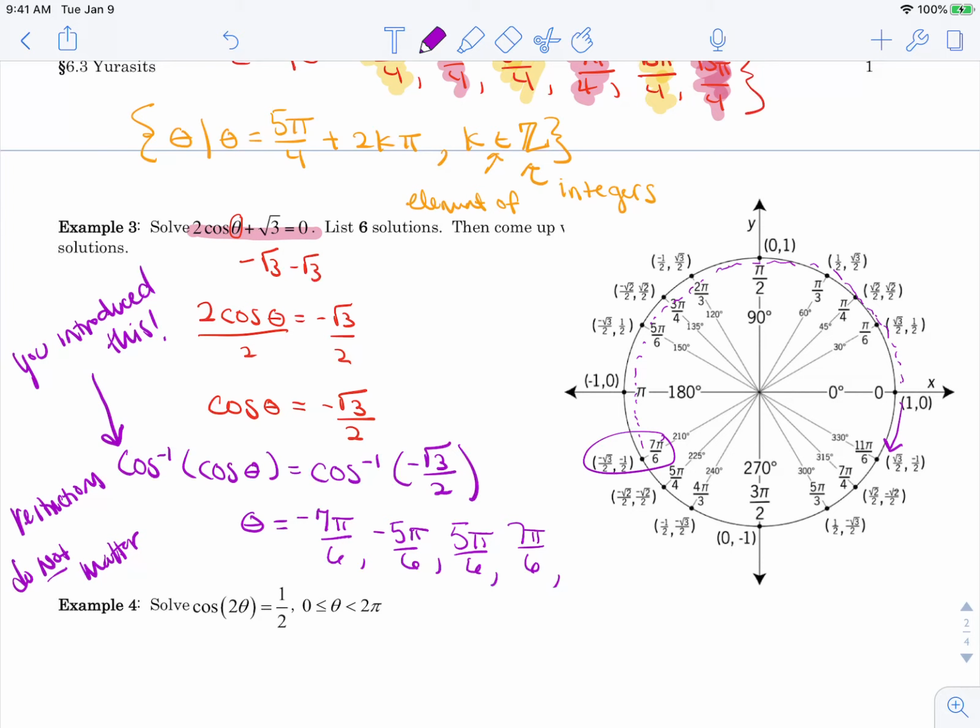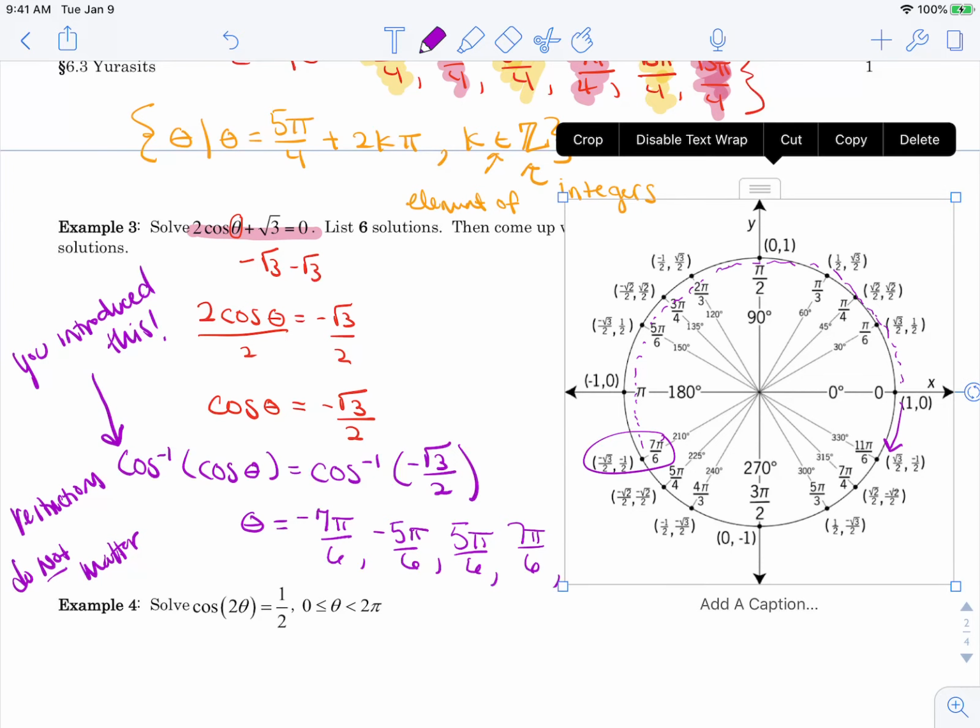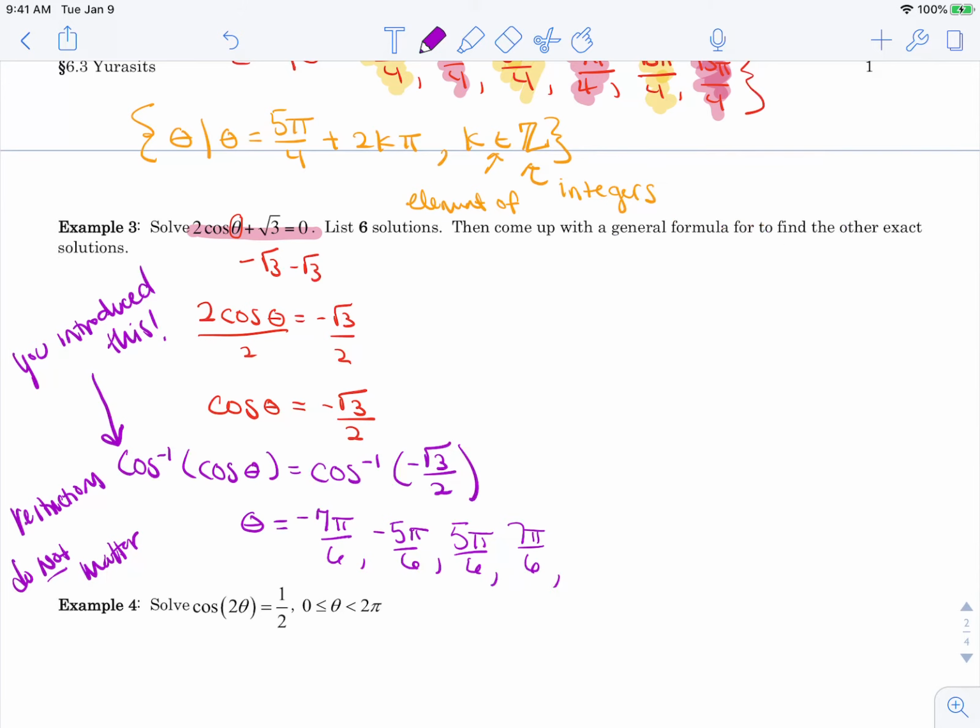So I'm going to get rid of this, because hopefully you guys are just looking at your own unit circle. So I have 5 pi over 6 plus 2 pi. I'm going to find a common denominator, which would mean I want a 6 on the bottom, so 2 times 6 is 12.